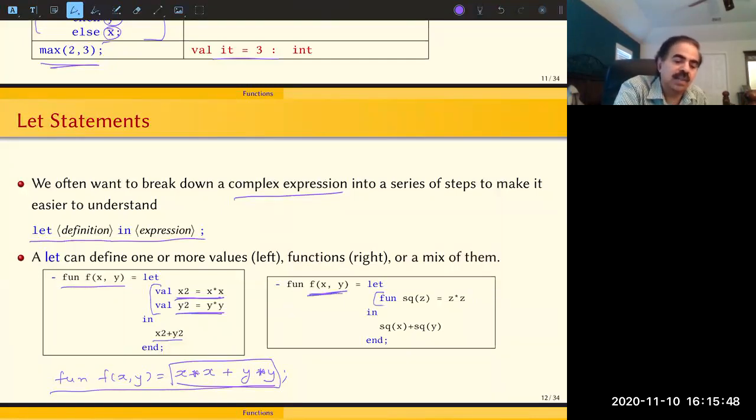So for instance, you can define a function f of x comma y, and in that function, you may want to define another local function called sq of z equals z times z. And once again, you can understand this in the same way.